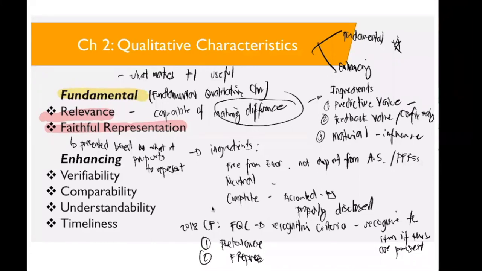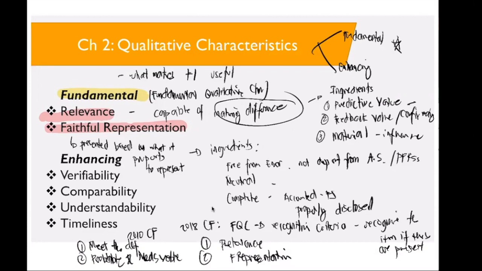Okay? So relevance and faithful representation under 2018. However, under the 2010 conceptual framework, these are the different recognition criteria. First, it must meet the definition. Second, it must be probable and measurable.